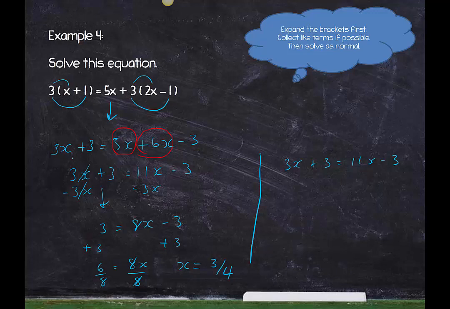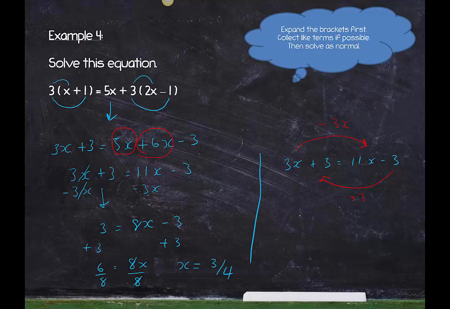Okay, so we're going to do this one like we did previously with the second method. So we're going to bring this 3x over onto this side as a minus 3x. We're going to put it at the end as a minus 3x. We're going to bring this 3 over to this side as a plus 3.